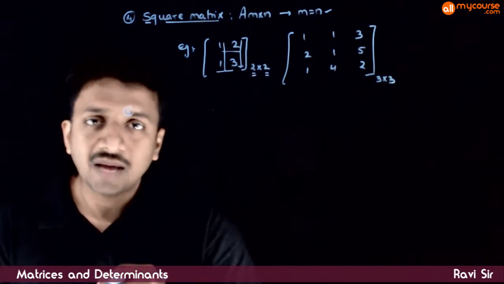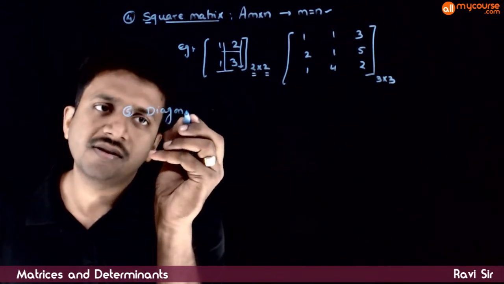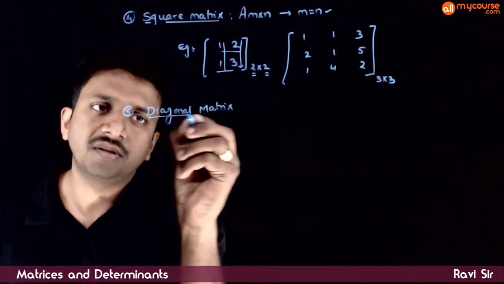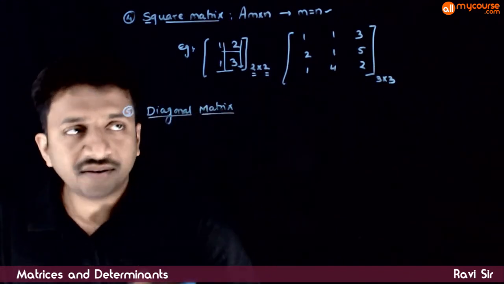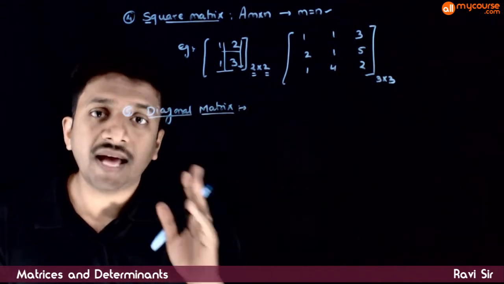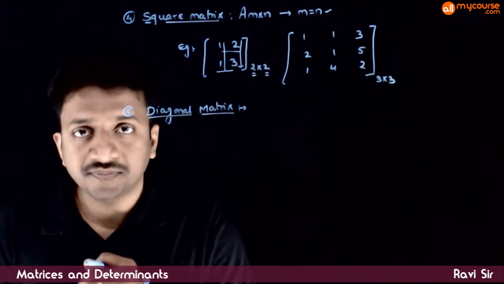So the next type of matrix is called a diagonal matrix. What is a diagonal matrix? A matrix where all the non-diagonal elements are 0 is called a diagonal matrix.